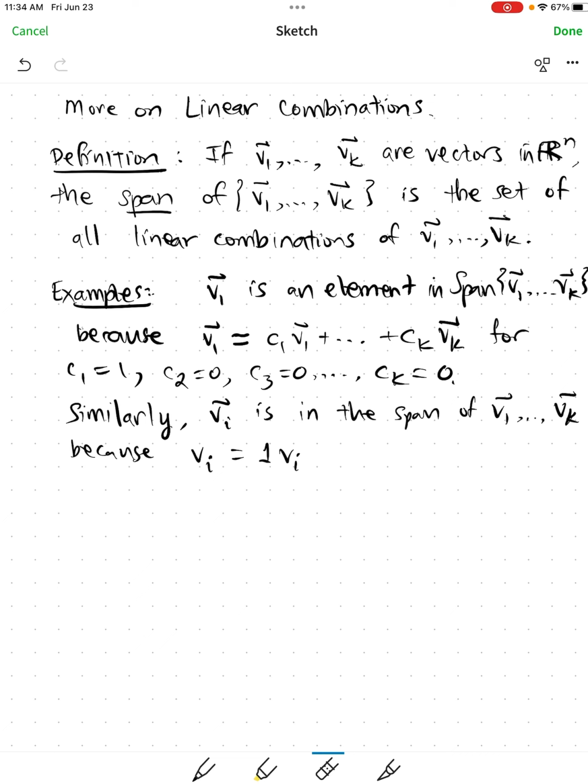So how can I write this? One way to write it, maybe to make it clearer, would be 0 V1 plus 0 V2 plus dot dot dot, and then plus 1 Vi plus dot dot dot plus 0 Vk. In other words, you're just making all the constants 0 except for the ith constant, which you're making equal to 1.